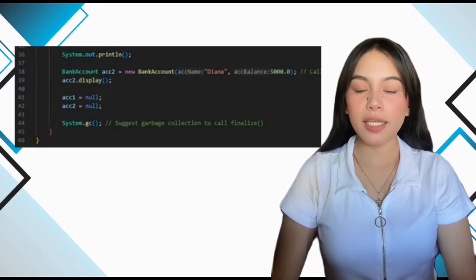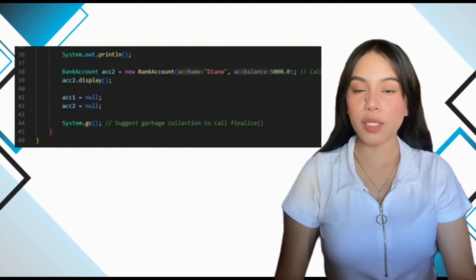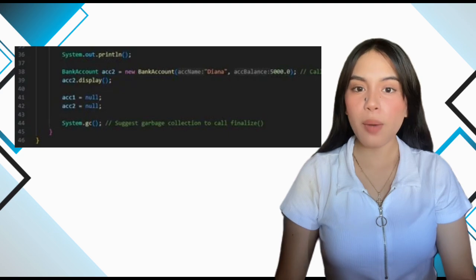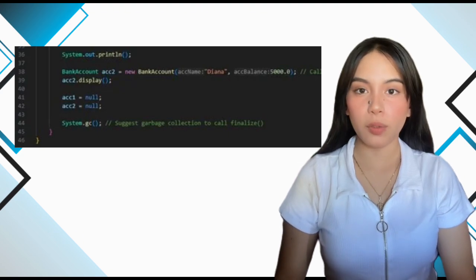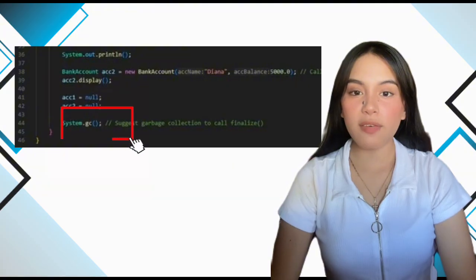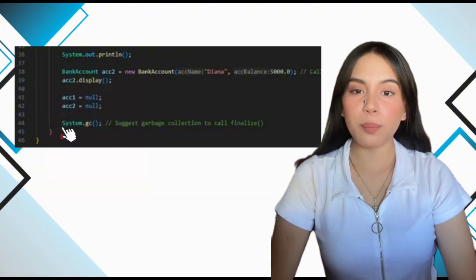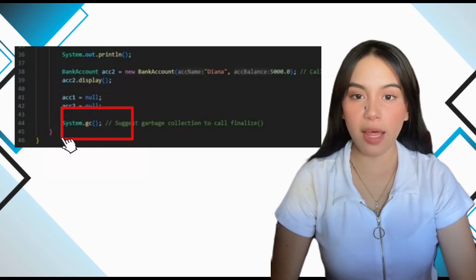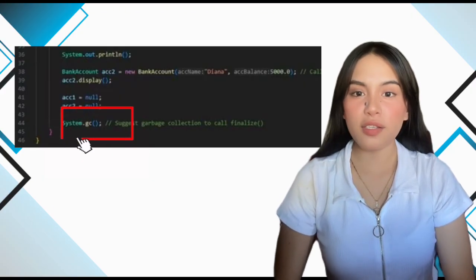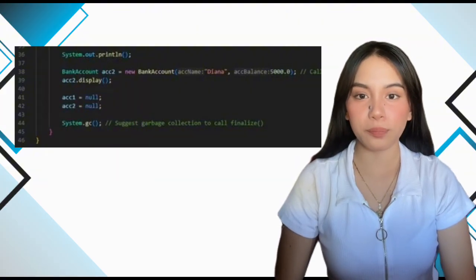When we set an object to null, we are telling Java that we're done using it, and it can now be deleted from memory whenever possible. This line suggests that Java should run the garbage collector. The garbage collector is a built-in feature in Java that automatically finds and deletes objects that are no longer needed to free up memory.